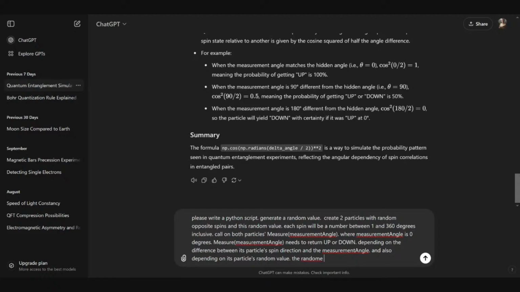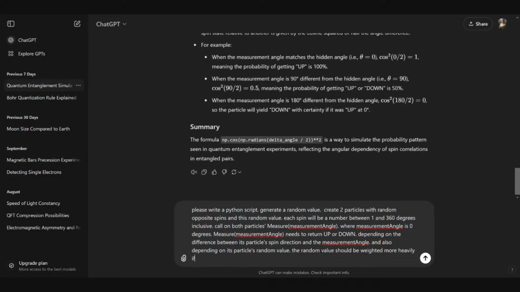And also, depending on its particle's random value, the random value should be weighted more heavily or more lightly as the difference.